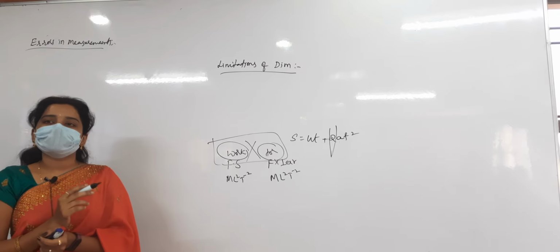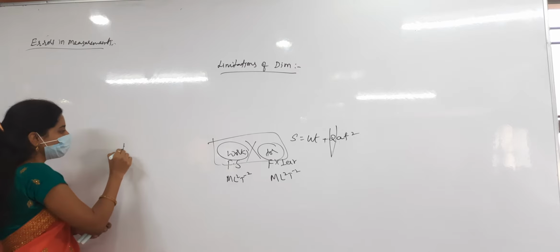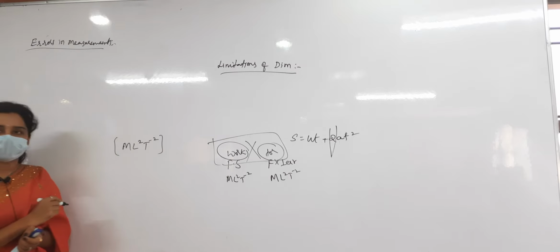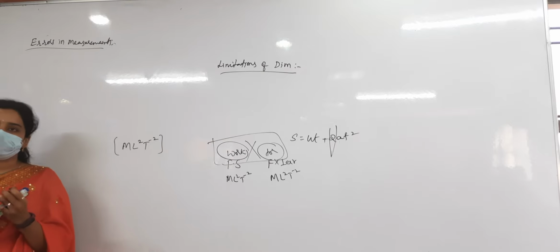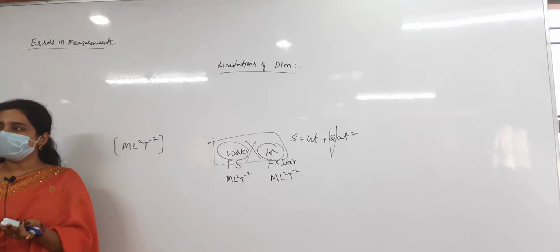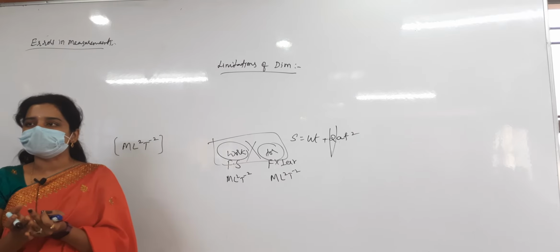At that time again we are saying that all have the same dimensions. For example, if I give L square t power minus 2 as a dimensional formula, you have to do the problem with that. What will you assume? That it is the dimensional formula of work, even energy, torque, everything. So you cannot get to know the proper concept from the dimensions.